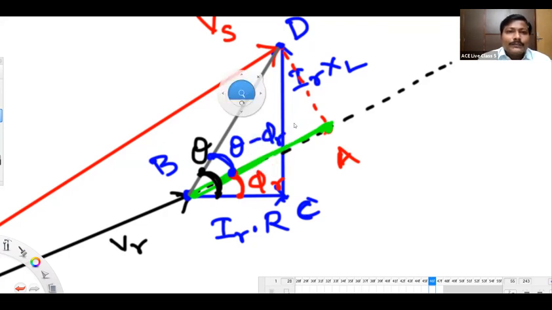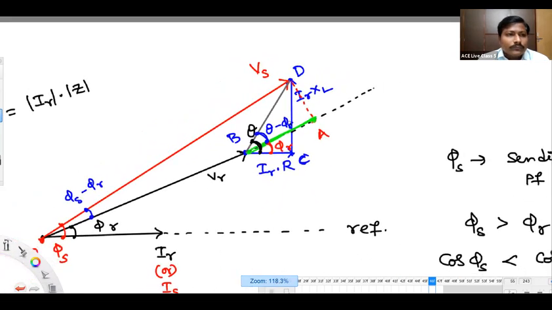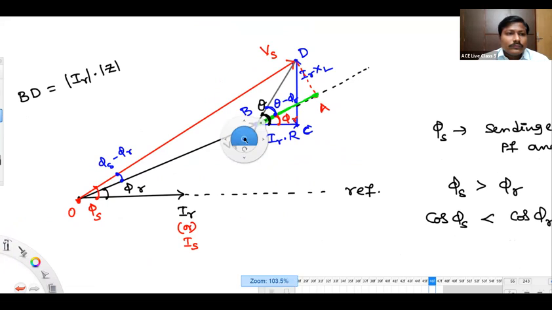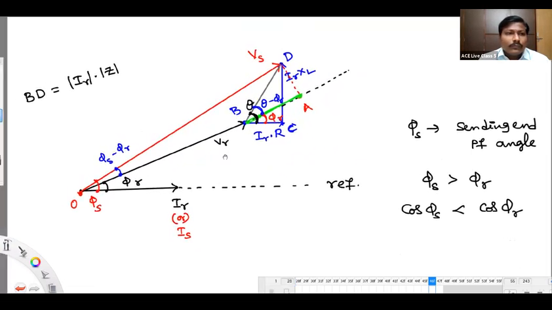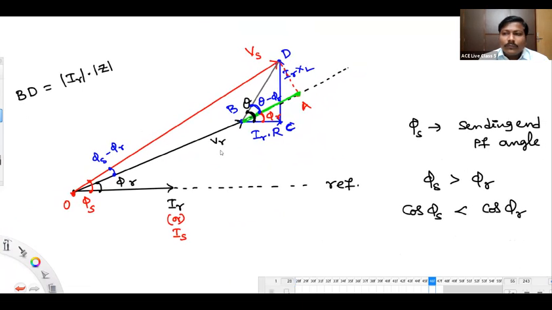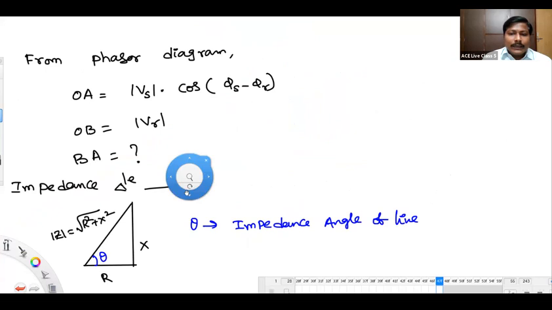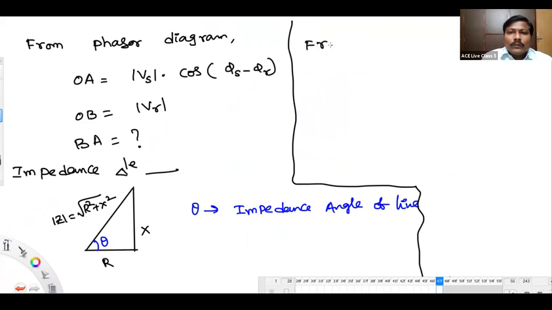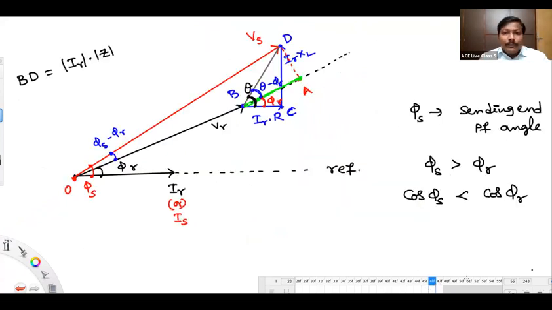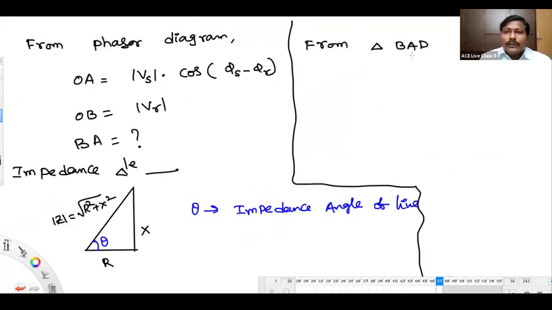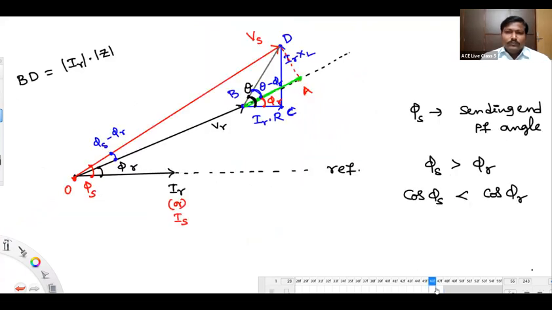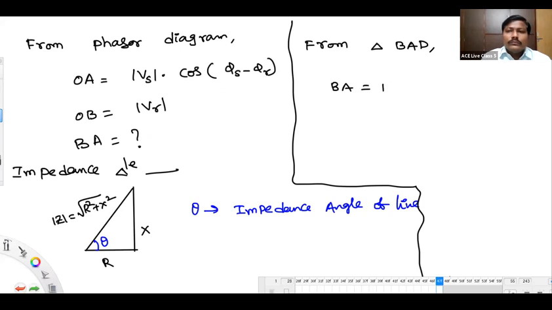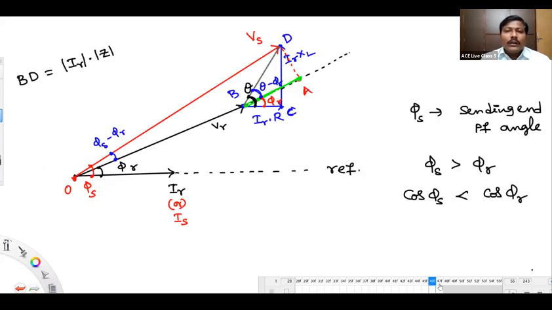Let me write in the next slide. From the right angle triangle, triangle ABD, BA length is nothing but BD into cos of theta minus phi r.